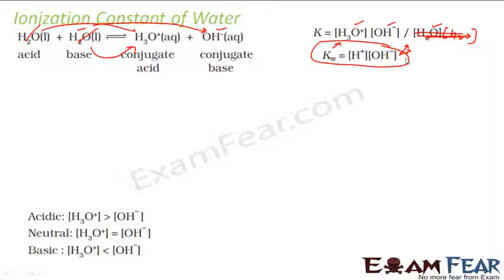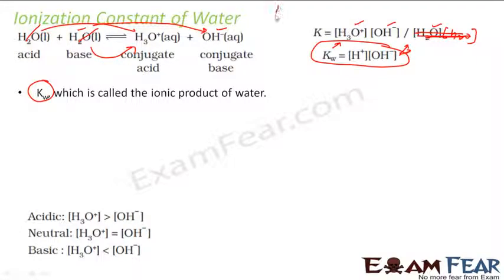But since it is water and it has only H plus and OH minus ions, we give a special name called Kw for water, correct? Kw is nothing but the ionic product of water, just a special name. The moment you talk about Kw in numericals, you have to say H plus ion into OH minus ion concentration.